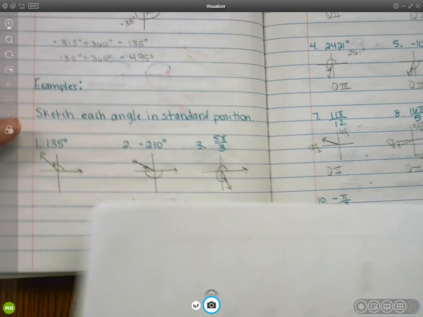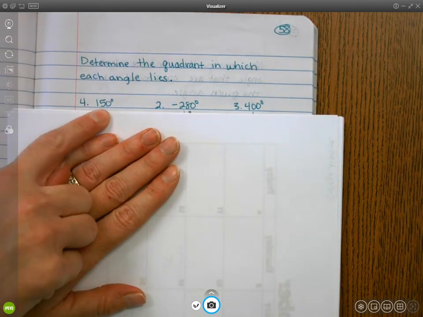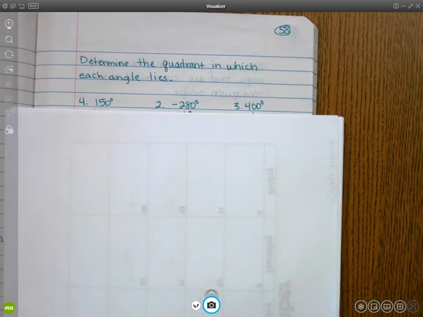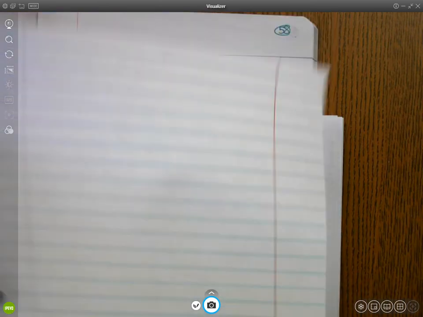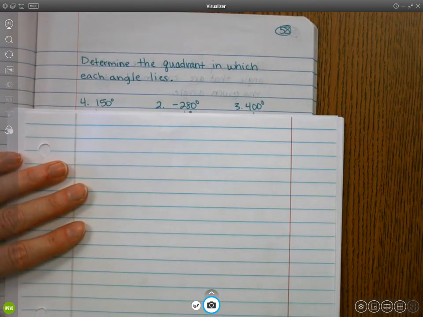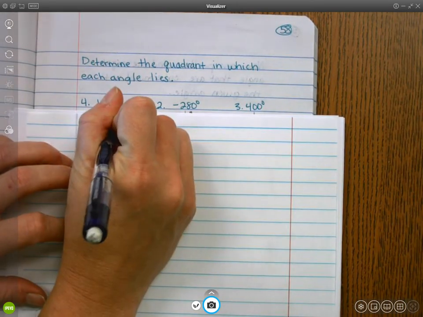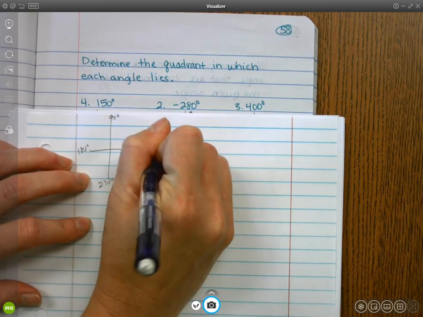All right, so determine the quadrants. So 150. Remember, your quadrants are split where this is 90, 180, 270, 360.